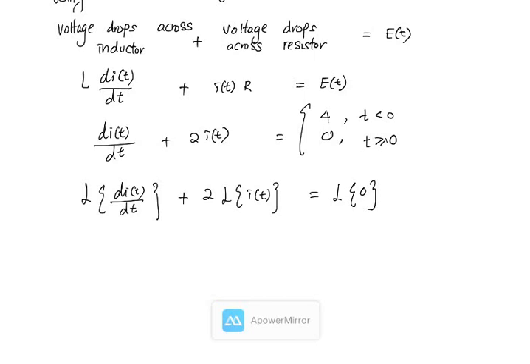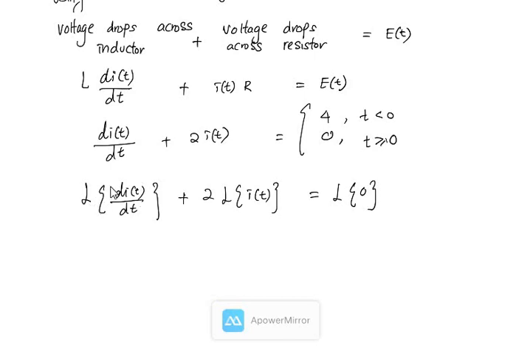Do you know why the Laplace transform of this is equal to 0? This is because we only find the Laplace transform for t more than or equal to 0, since the Laplace transform is not defined for negative t values. So we only transform this part, the Laplace transform of 0, and the 4 is not counted.